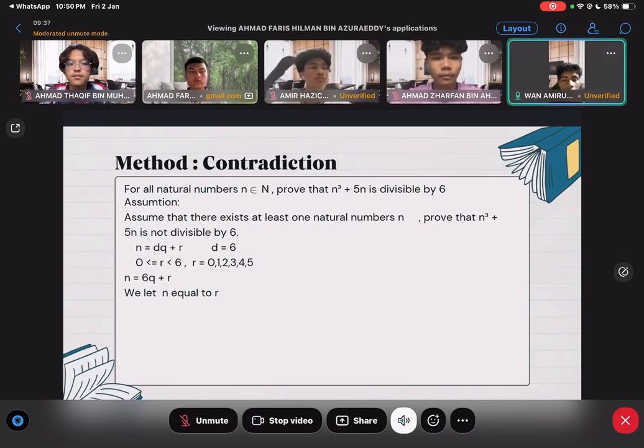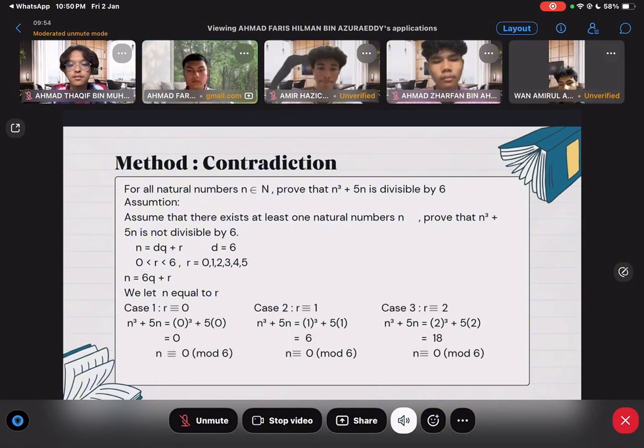For all natural numbers n, prove that n to the power of 3 plus 5n is divisible by 6. Assume that there exists at least one natural number n such that n to the power of 3 plus 5n is not divisible by 6.